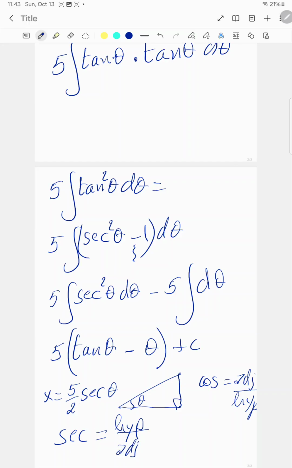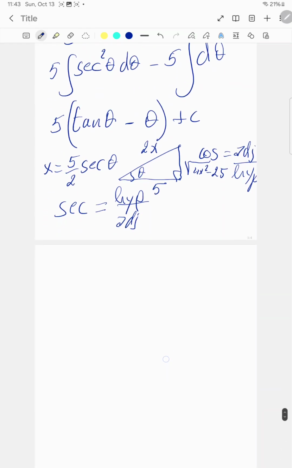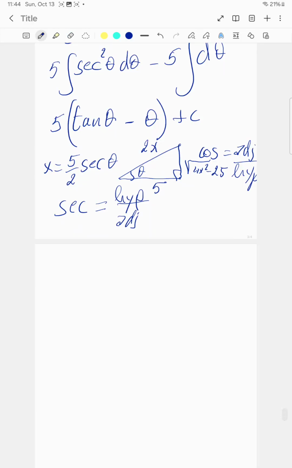So my sec is equal to 5 over 2, so I would say that the adjacent is equal to 5 and the hypotenuse is equal to 2x, and here I would have the square root of 4x squared minus 25. So let me erase this so I won't confuse you.